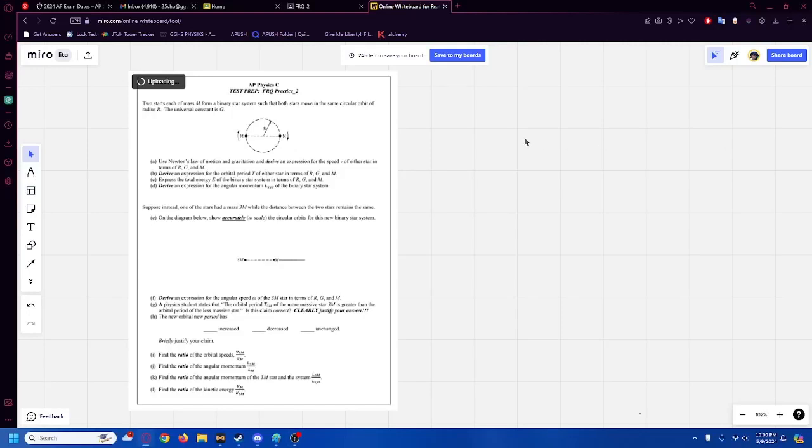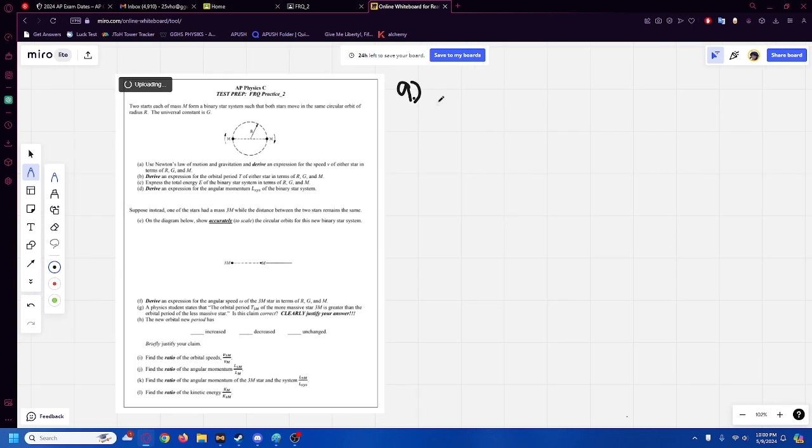Alright, this is FRQ number 2. Part A asks for the v. So F_C equals F_G. F_C is mv squared over r, and F_G is GMm over d squared, and d is equal to 2r.